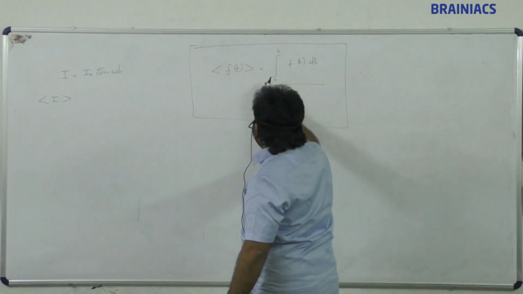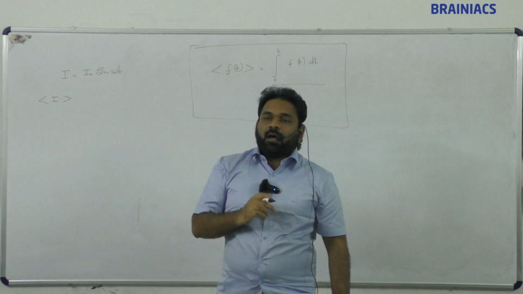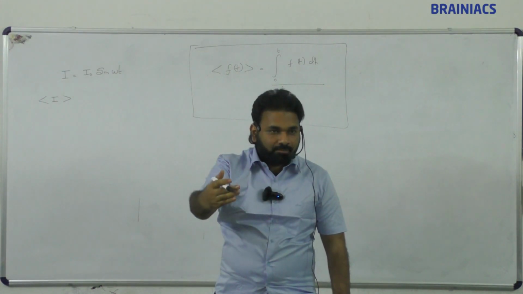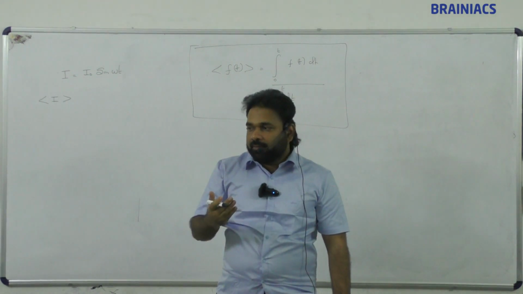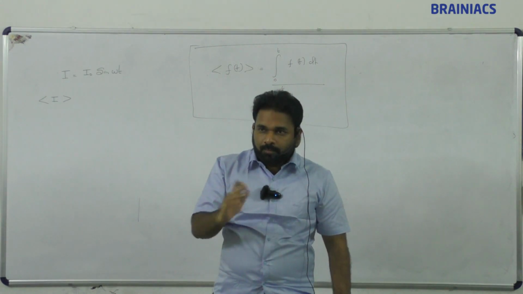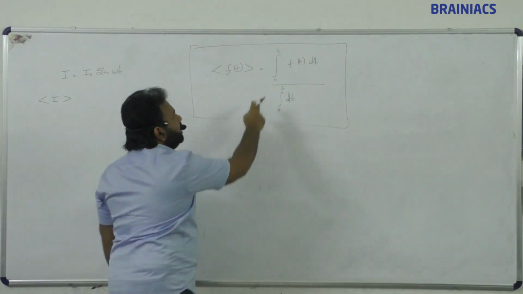So if we ask, I need the average value, then a question will come, till what time? Because it is time dependent, it will vary. So you want average value from morning to evening or morning to noon. So for how much time we need to find the average, that limit we will have to put here.